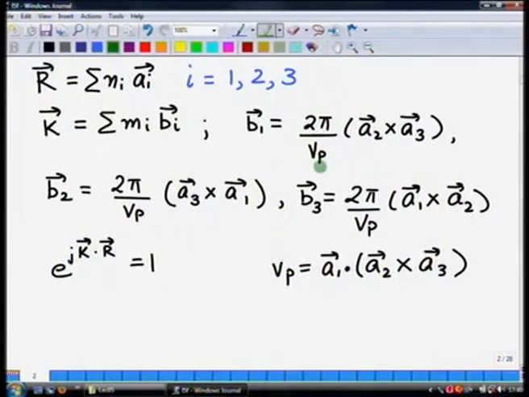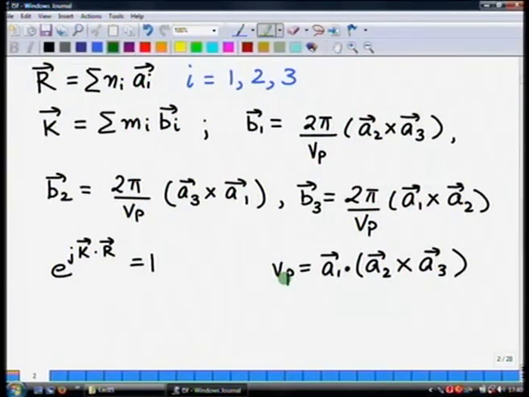I will use that word direct lattice for it as opposed to reciprocal lattice. If I have three vectors A1, A2, A3 defining the primitive cell, then the volume of that primitive cell can simply be taken as the scalar product here. So, that is the volume of the primitive cell.